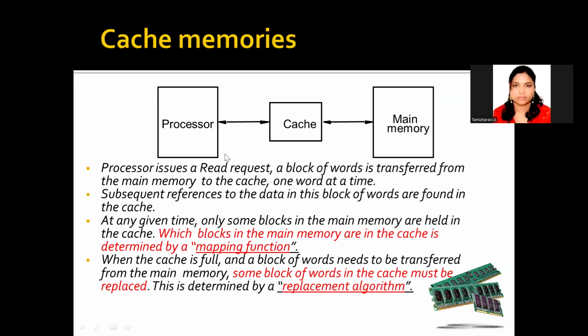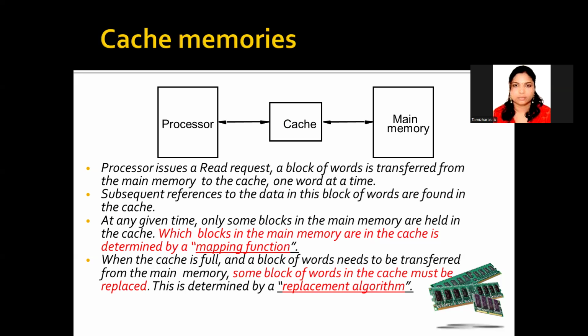So this is the organization. You will have the cache memory in between the main memory and the processor. For loading the data from the main memory to the cache memory, we will be using mapping functions. In a different lecture video, we will discuss the mapping functions in detail.